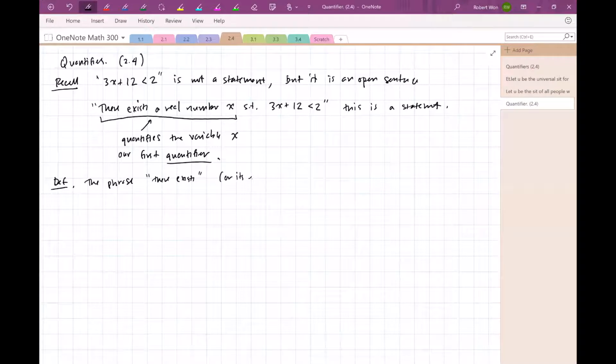There's more than one way to say it in English, like you say, "there is a real number x such that 3x + 12 < 2." That's saying the same thing as "there exists a real number x such that 3x + 12 < 2." But this phrase is called an existential quantifier.